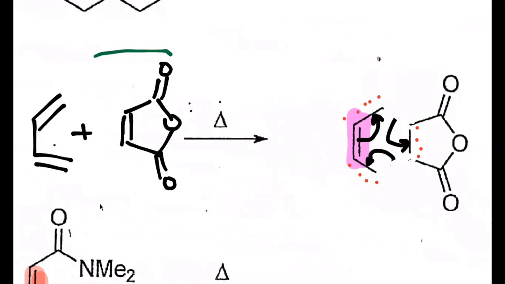And if you notice, none of this other stuff out here got touched. We only care about the 6 electrons that we're moving in that circuit for the pericyclic mechanism. That's it.